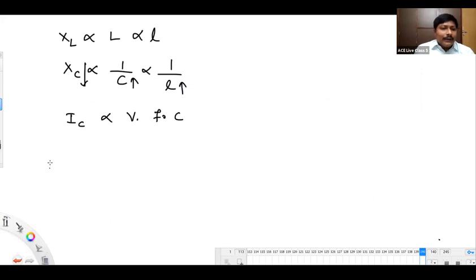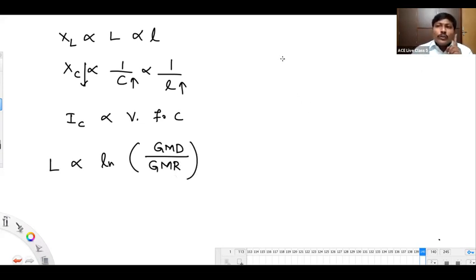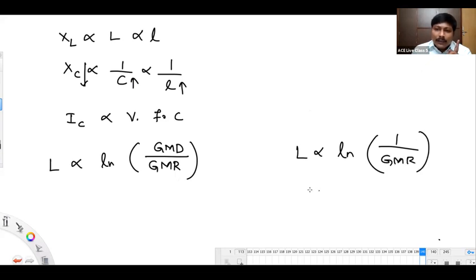You know, L is proportional to natural logarithm of GMD by GMR. Please stop writing and listen. We should not write inductance proportional to ln of 1 by GMR, or inductance proportional to natural logarithm of GMD.